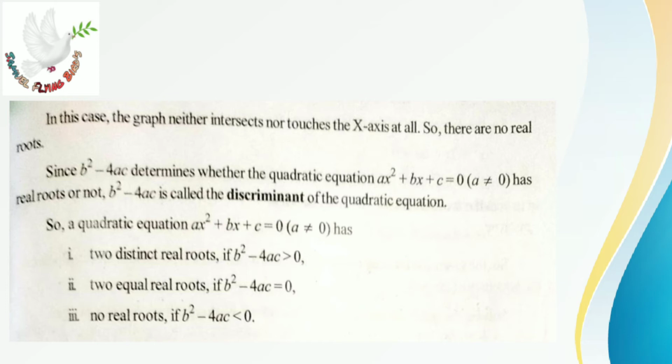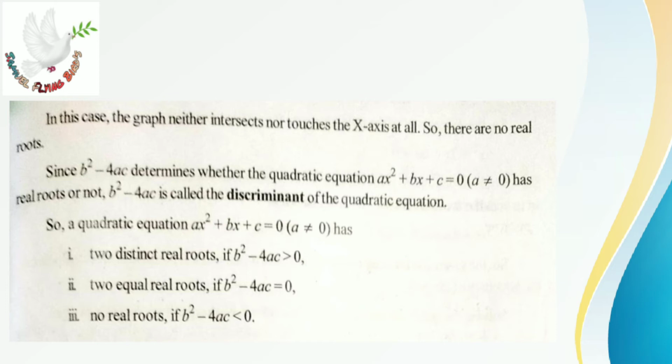Now we know that b square minus 4ac determines whether the quadratic equation ax square plus bx plus c equal to 0, where a is not equal to 0, has real roots or not. b square minus 4ac is called the discriminant of the quadratic equation.